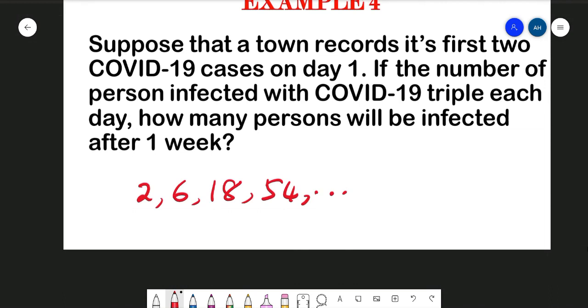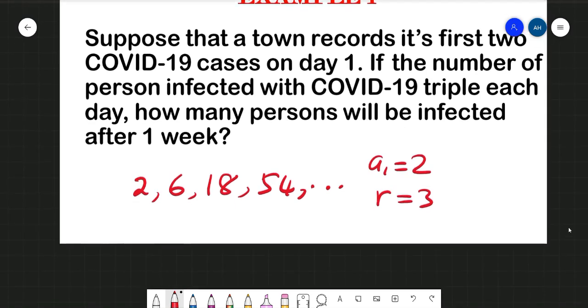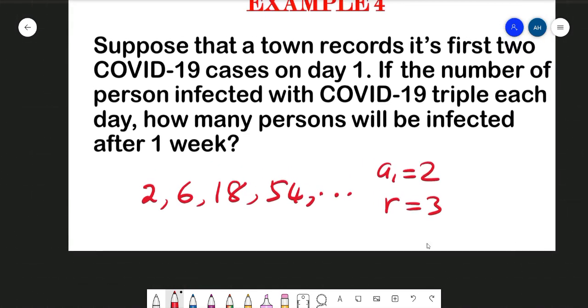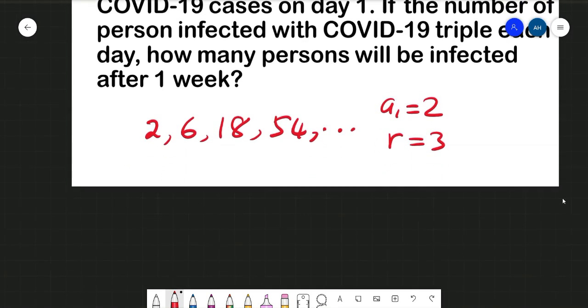If we look carefully, we know that A1 is equal to 2 and r, the common ratio, is equal to 3, right? Now we would like to find how many persons will be infected after 1 week, that is 7 days. So we are looking for A7.